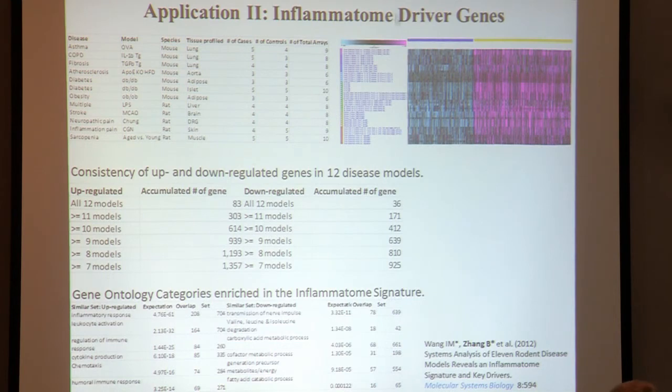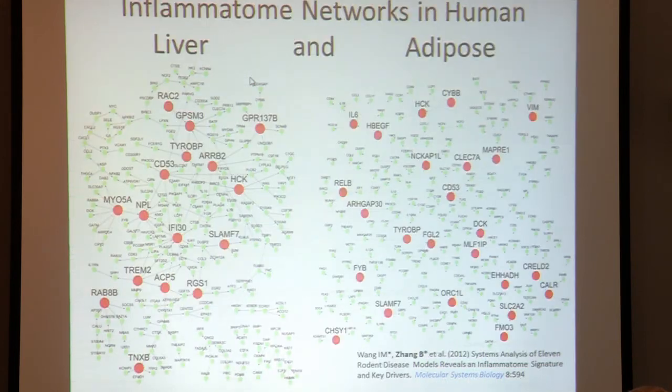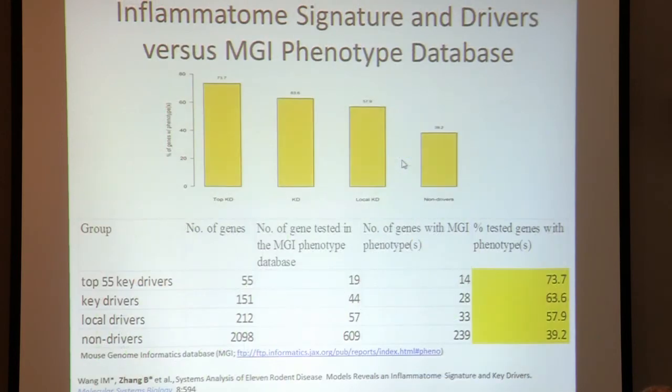In the signature, we identify through the tribe and the mouse model, and then you derive those inflammatory signature specific and also tissue specific networks. You can see here this becomes much sparser, and then we identify a number of conserved drivers as I showed before. Again, we validate those drivers through the MGI database.